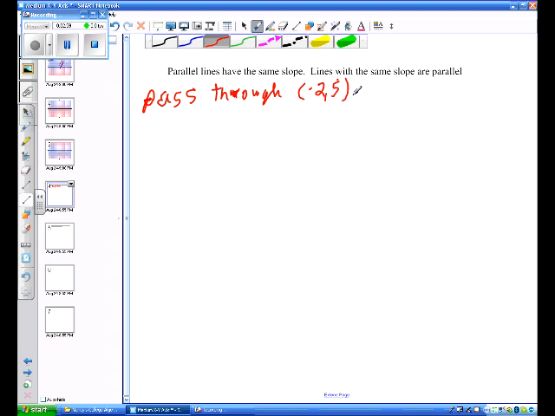And we want it to be parallel. The symbol for parallel is two parallel lines. We want it to be parallel to y equals 3x plus 1.